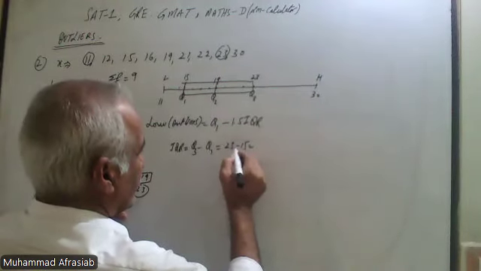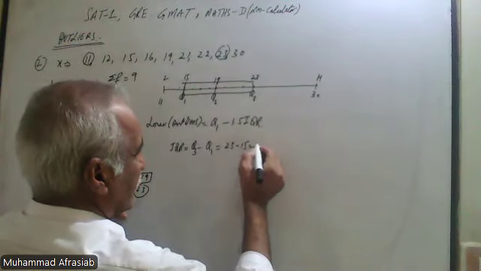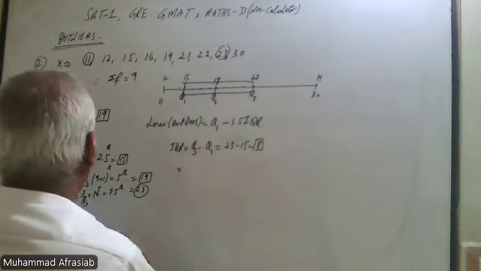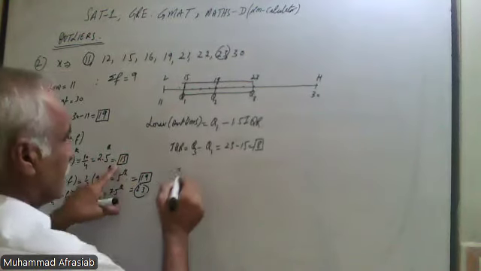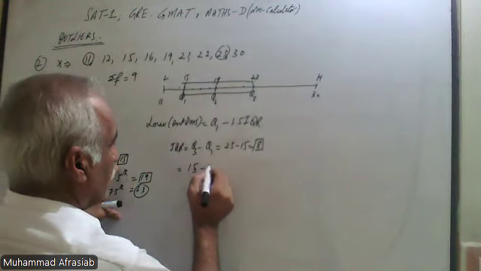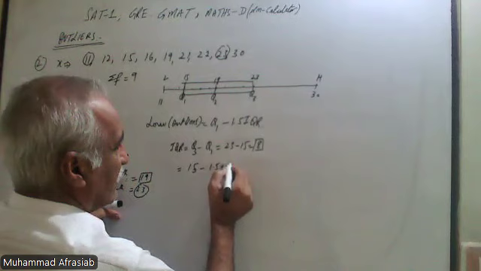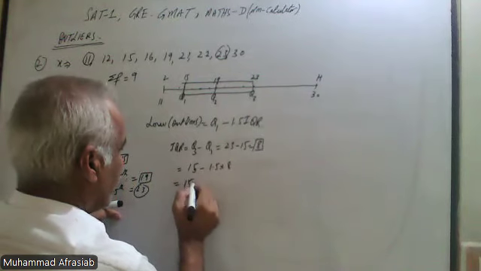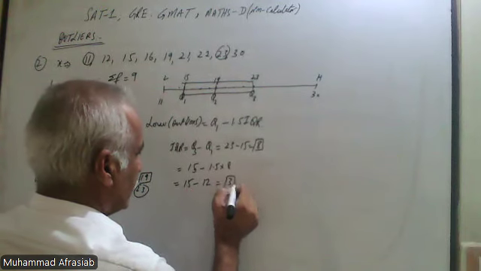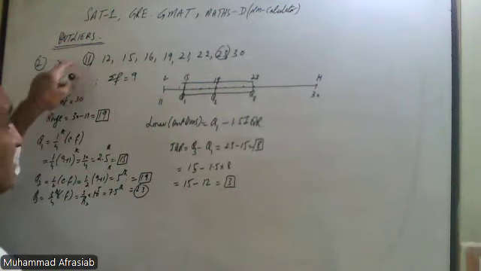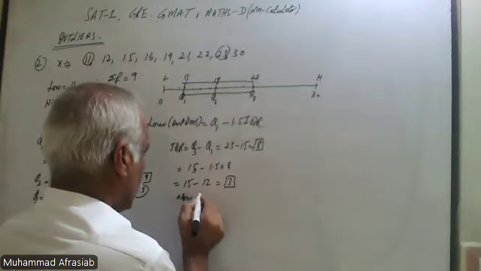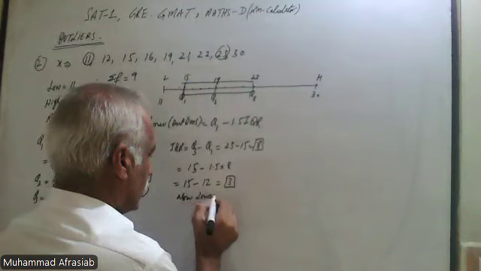So 23 minus 15 is 8. So the lower limit is 15 minus 1.5 of 8. So 15 minus 12, that is equal to 3. But 3 is not in the range of this. So no lower outliers.